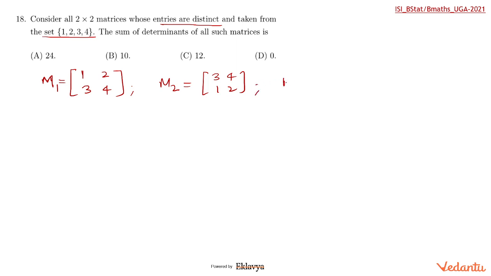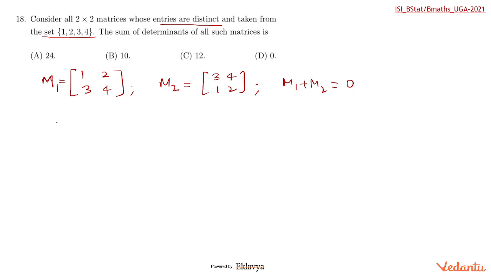So what is M1 plus M2? Is 0. So how many matrices will be there? Total number of matrices यहाँ पे वैसे होंगे 24, 4 factorial. इसमें 24 में से 12 pairs बना सकते हैं हम obviously, जिनके sum 0 हो जाएंगे.